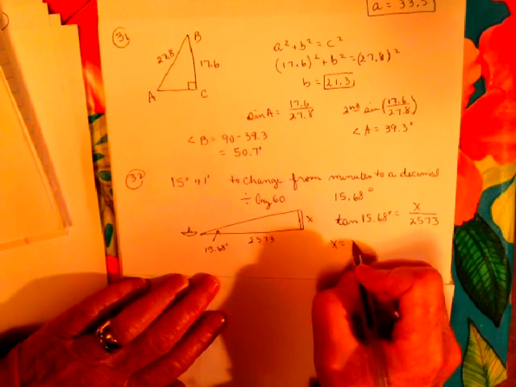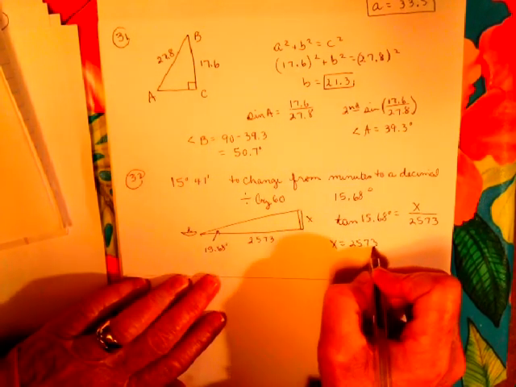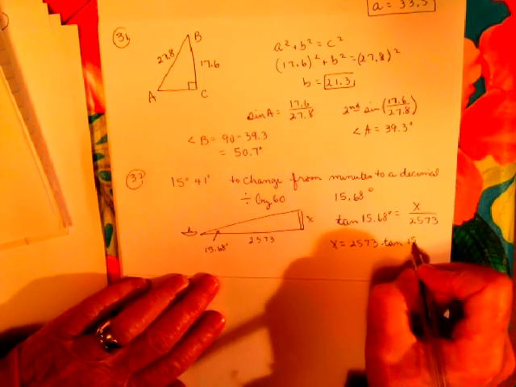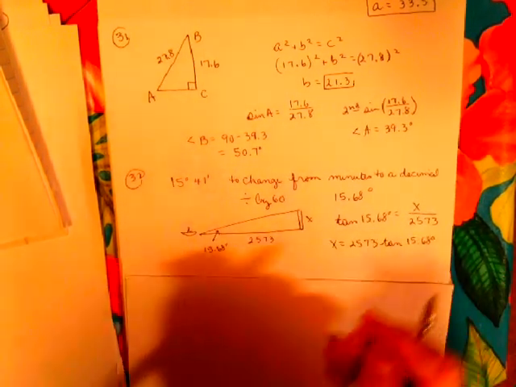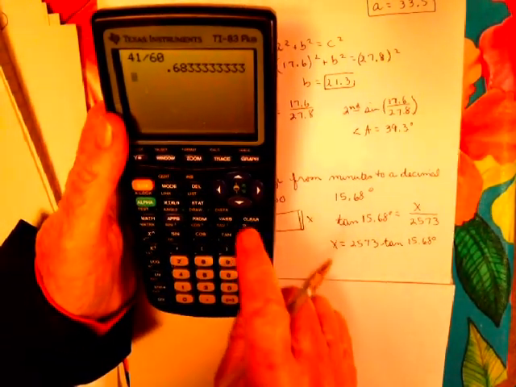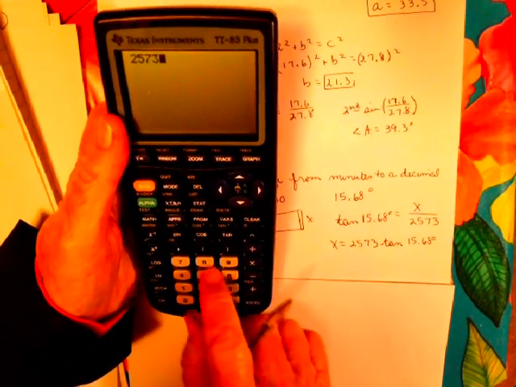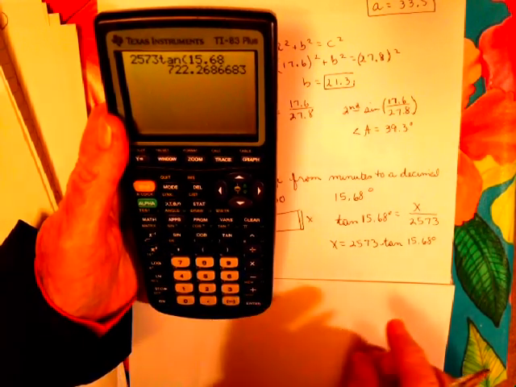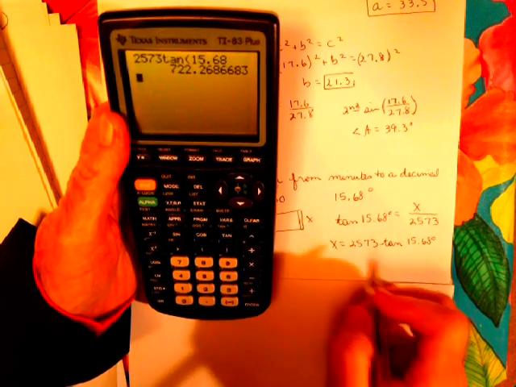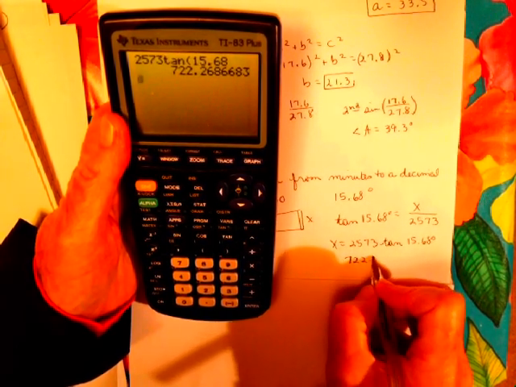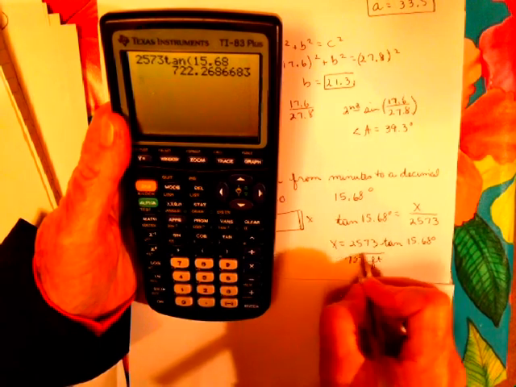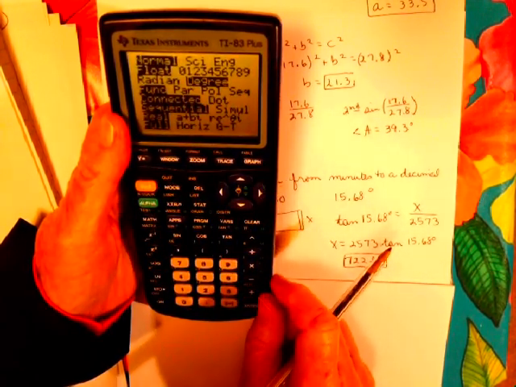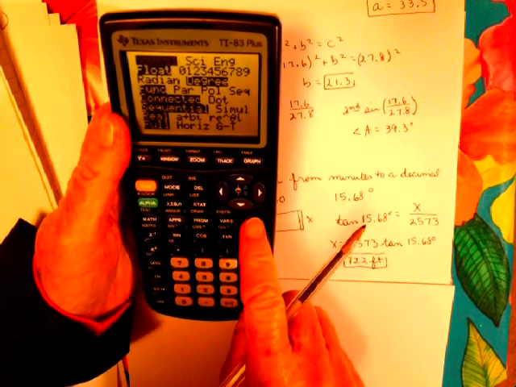Therefore, x equals 2573 times the tangent of 15.68 degrees. 2573 tangent 15.68. Final answer, rounded to the nearest foot, 722 feet. Always double check your calculator. Since this is in degrees, you would want to be sure that your calculator's in degrees, but mine was.